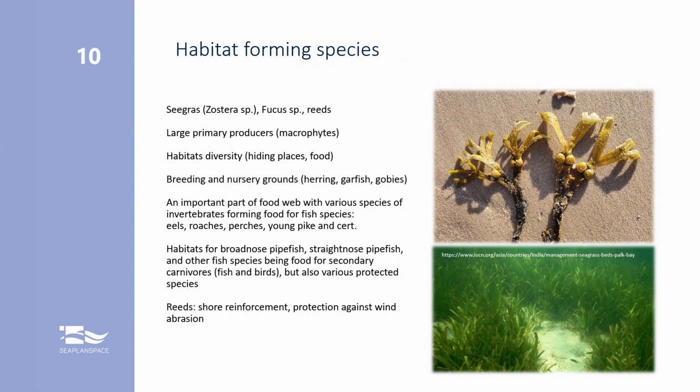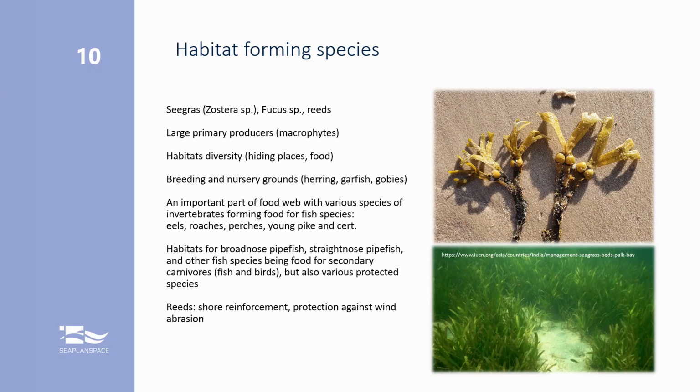First of all, they offer various breeding and nursery grounds for different fish species like herring, garfish, and gobies. They also offer an important part of the food web with several species living there, like invertebrate species. They can be food for various other fish species, like eels, roaches, perches, young pikes, and for example zander, which are very difficult to actually spot nowadays in the southern Baltic Sea locations.